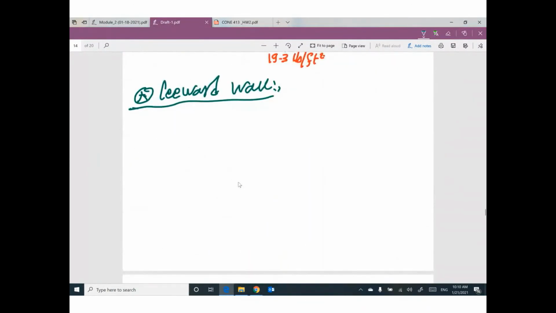For the leeward wall, the wind pressure will be QH GCP minus QH GCPI. That's it.